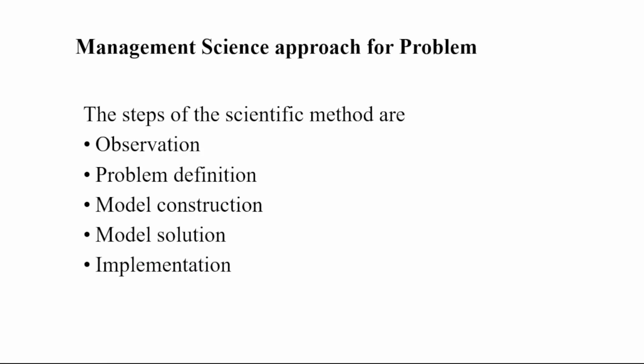And before implementation, we go for some managerial decision analysis. You can create different scenarios. You can evaluate different possibilities. You can go for what-if analysis, and then we can easily implement the solution that would minimize cost or maximize the profit.